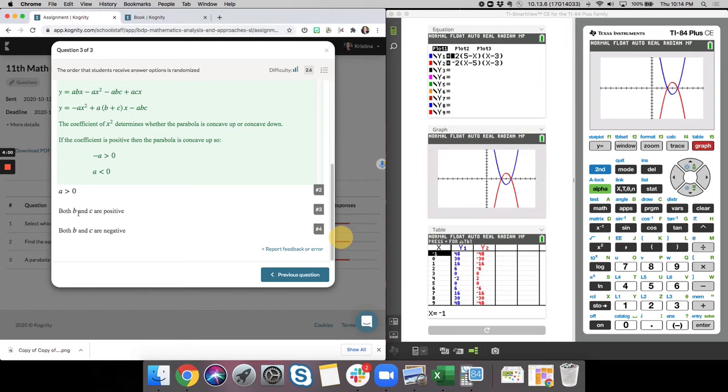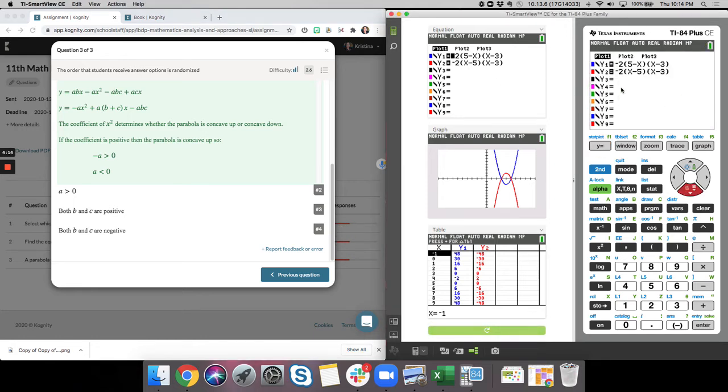Some other notes to disprove that B and C are positive. In Y2 here, well, actually, I should make another one. If we make the A equal to 2, so now it's a positive value, and then I have both B and C being positive, I'm going to do 5 minus x and x minus 3.